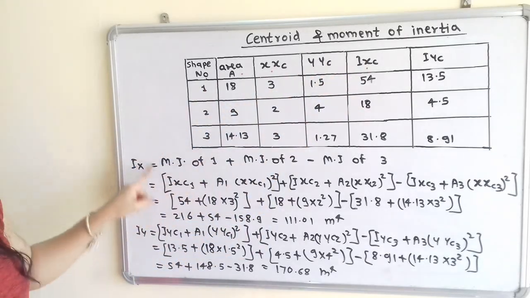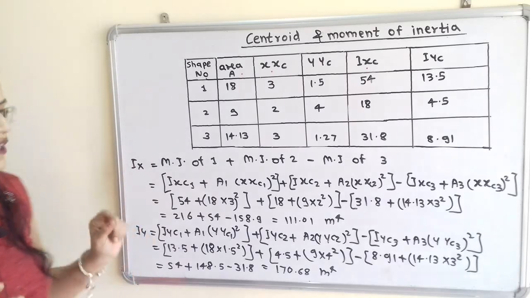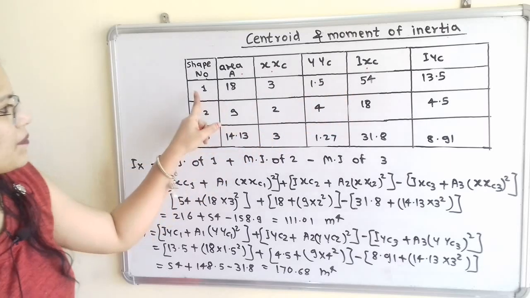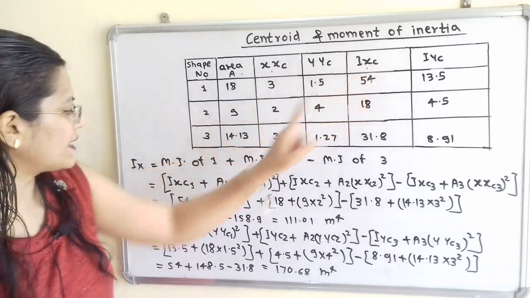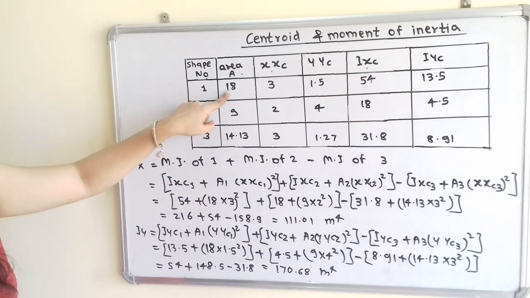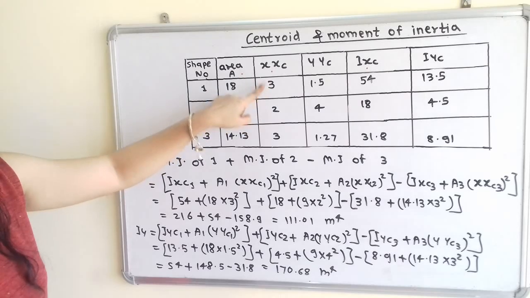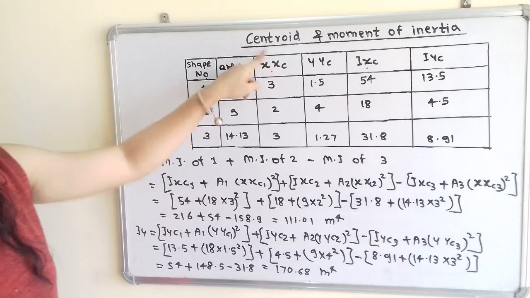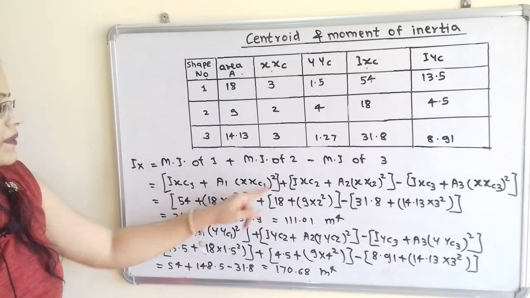Now we will first take the moment of inertia of shape 1. It is Ixc1 because it is shape number 1. So we take Ixc1 plus A1 in bracket, this distance (x minus xc) squared, bracket complete.